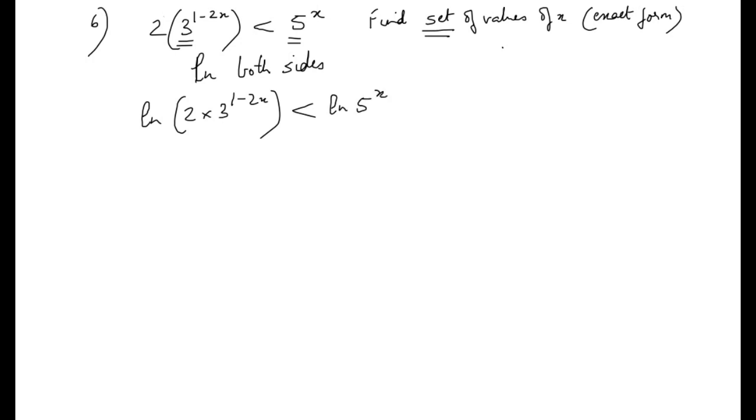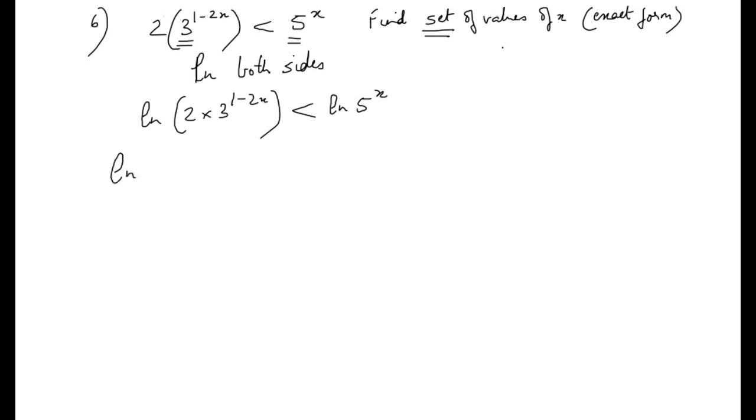Now keeping in mind that we want to get the x out of the log, so that's always our aim, to remove the x from the log or remove it from an exponent. So in this case, they're both inside logs. We'd like to remove it. The first step on the left hand side is to split this up using the multiplication rule, which says that if there's a single log with multiplied terms, you can split them up into two added logs.